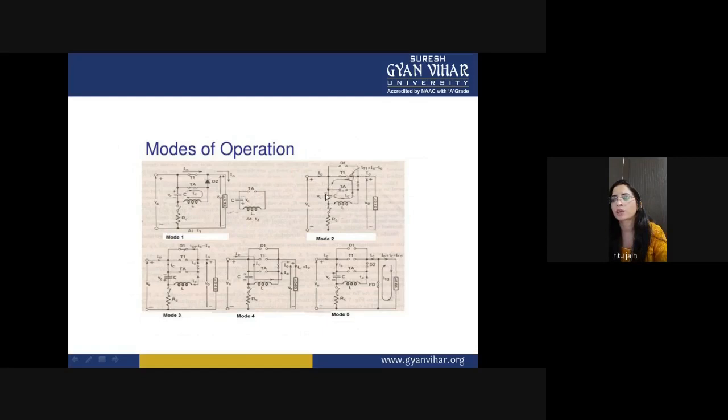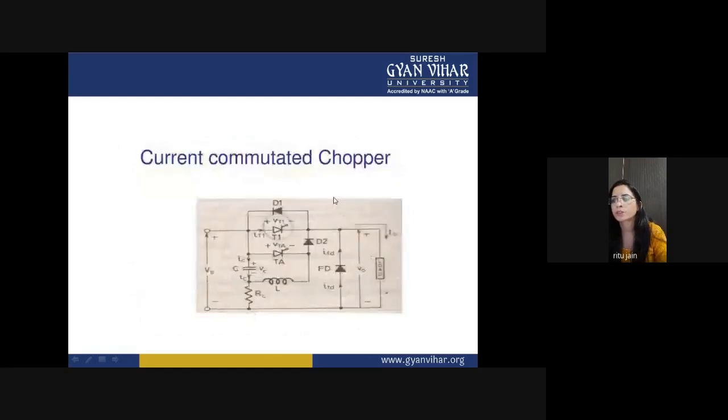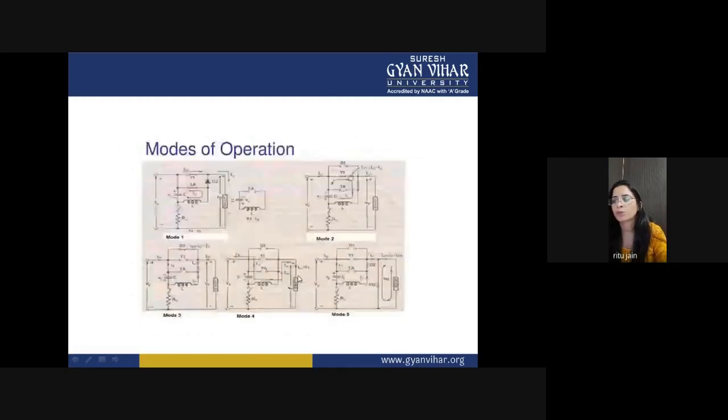The capacitor current starts to flow through this part, and when the capacitor current flows through this path, the diode will remain in off mode, because thyristor D1 will remain in off mode. The current flowing through thyristor T1, IT1, is equal to the load current minus the capacitor current.